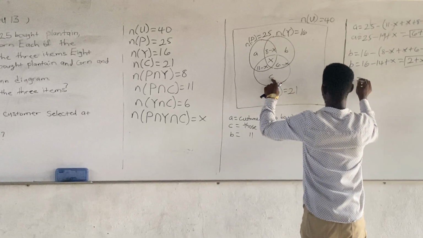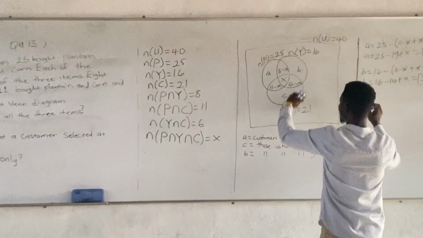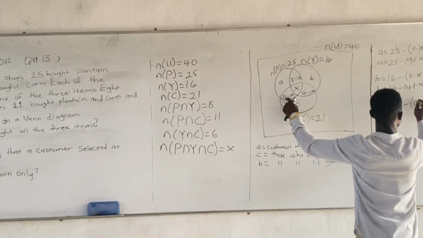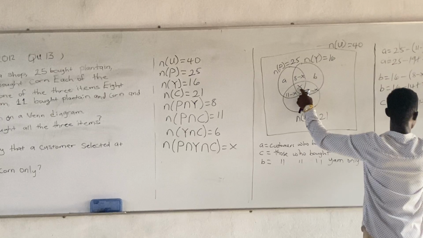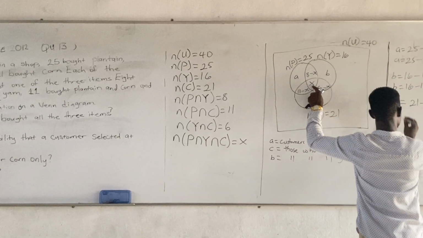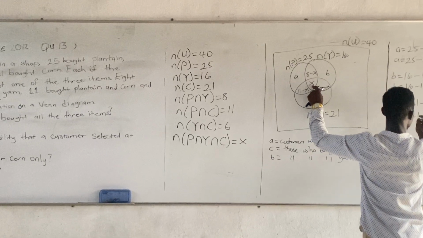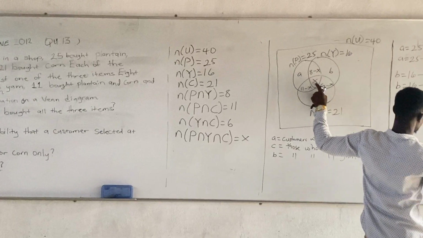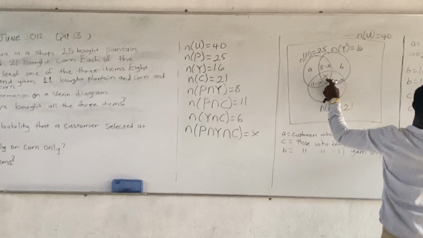And then you have C equals, the overall cycle here is 21 minus parentheses open 11 minus x plus 6 minus x. So you have C equal 21. This negative x will take this positive x or cancel the positive x. You have 11 plus 6, that's 17.